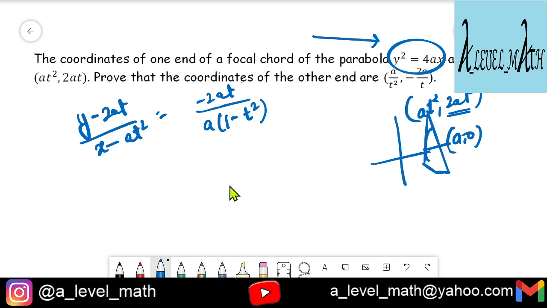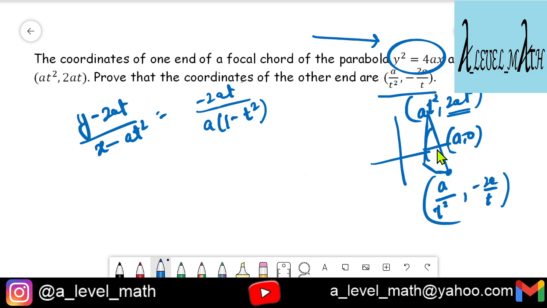Now what we can say is that this chord should also pass through this third point, the other end, which is given to be a by t^2 comma minus 2a by t. So we are given this point a by t^2 comma minus 2a by t.